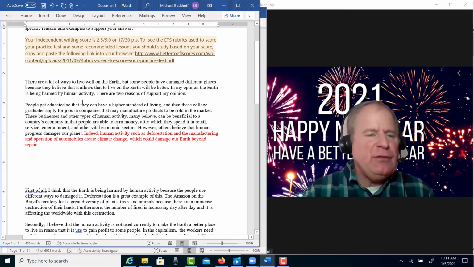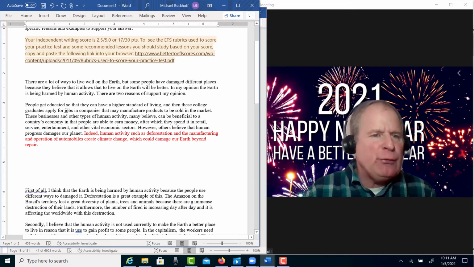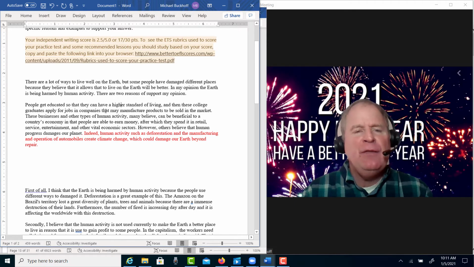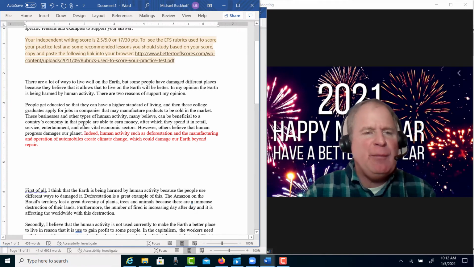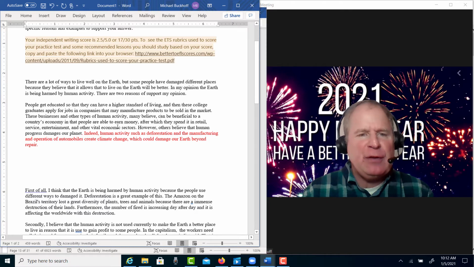So people get educated so they can have a higher standard of living, and then these college graduates apply for jobs in companies that may manufacture products to be sold in the market. These businesses and other types of human activity, many believe, can be beneficial to a country's economy, and that people are able to earn money, after which they spend it in retail, service, entertainment, and other vital economic sectors.